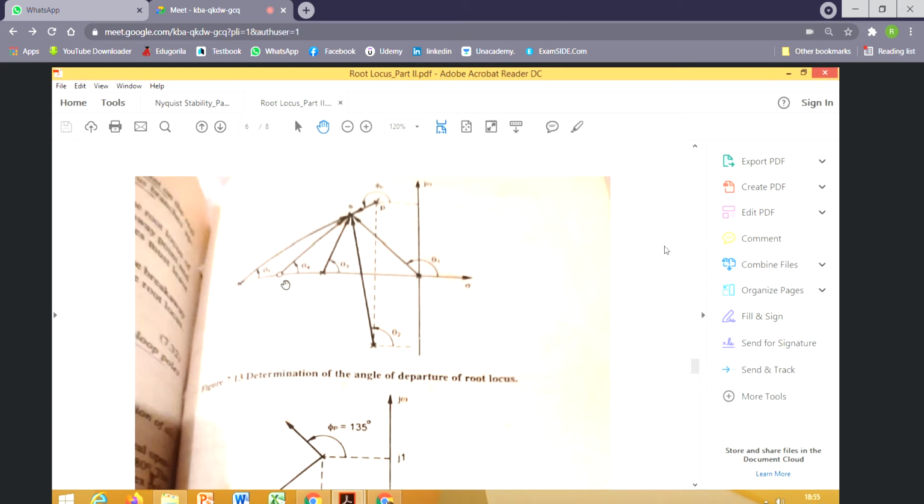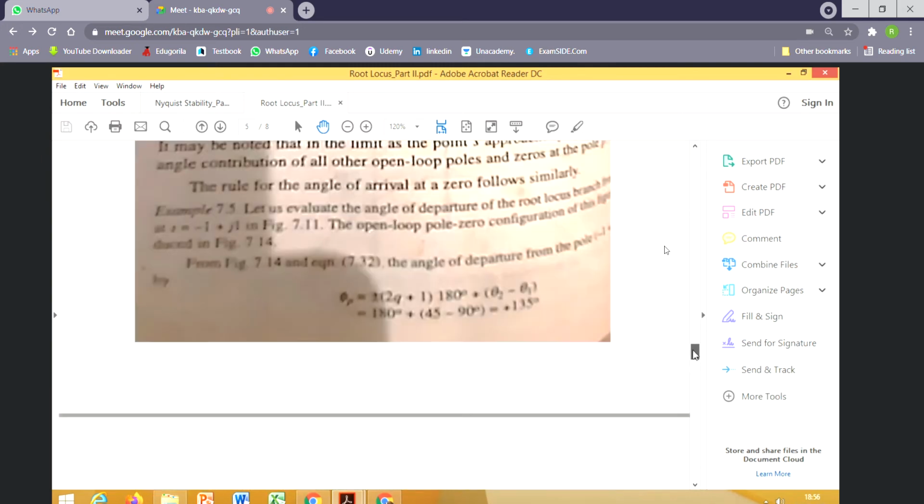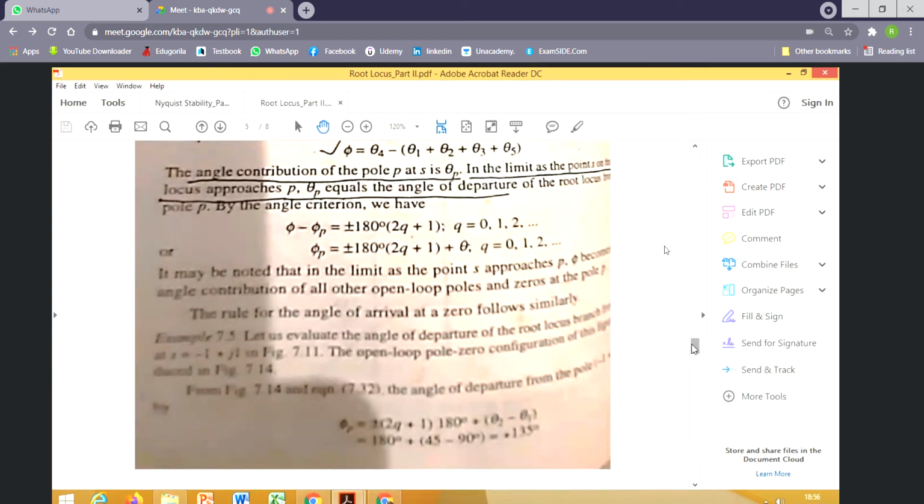So the net angle contribution at this point by all other open loop poles and zeros will be given by theta 4 minus theta 1 minus theta 2 minus theta 3 minus theta 4. Do you agree? Okay. So let's call this angle, the net angle contribution by all other open loop poles and zeros, denoted by the symbol phi.